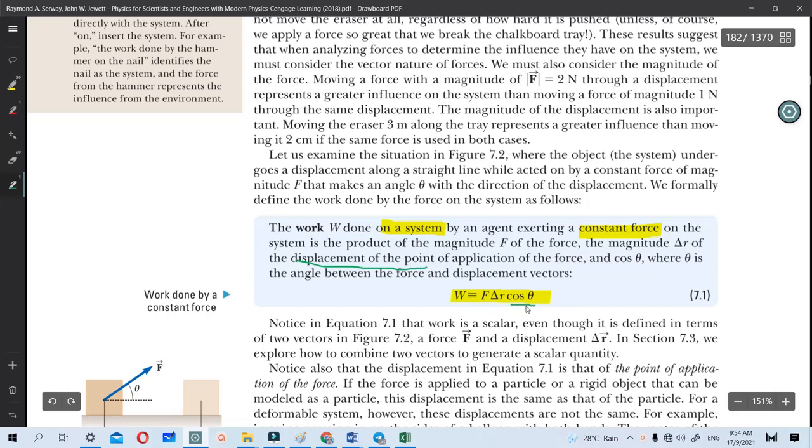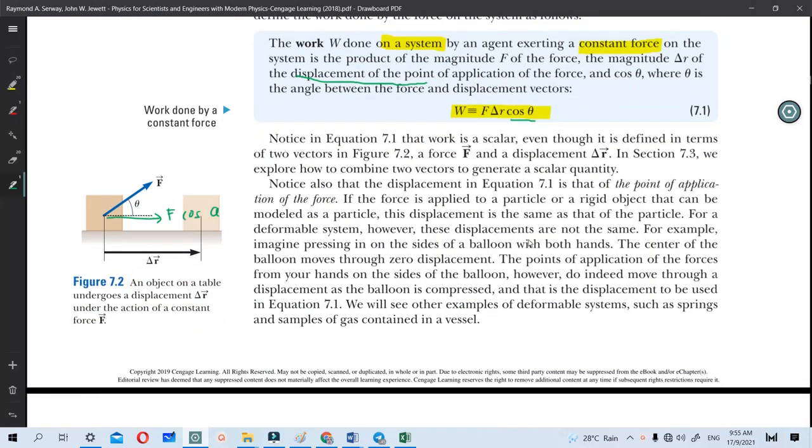F cos theta is the component here, where this is the R. So in short, work can be calculated provided that F is a constant value, and it must be parallel to the displacement. You can put it as delta R, delta X, delta Y, so long as you understand it's a displacement product.